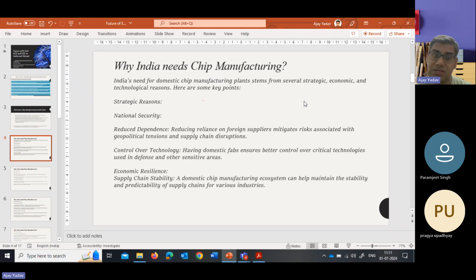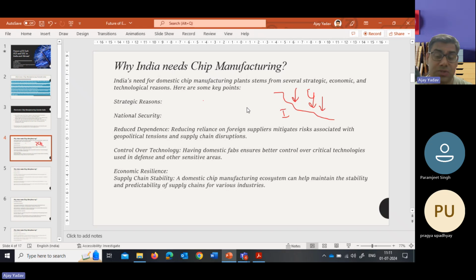So if I say why India needs chip manufacturing, one of the reasons is strategic reasons, national security. If you see the map of India, it is something like this. This is India, right? This side you have China. If you are importing each and everything from China, then it may be possible that in future, if there is a war between India and China, they can stop the supply of chips.